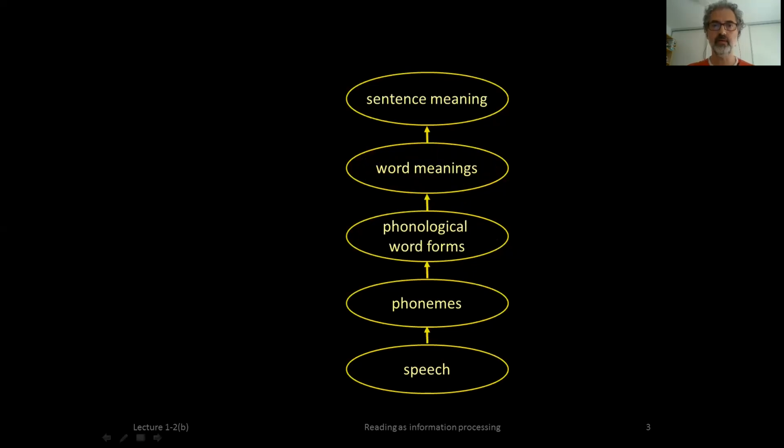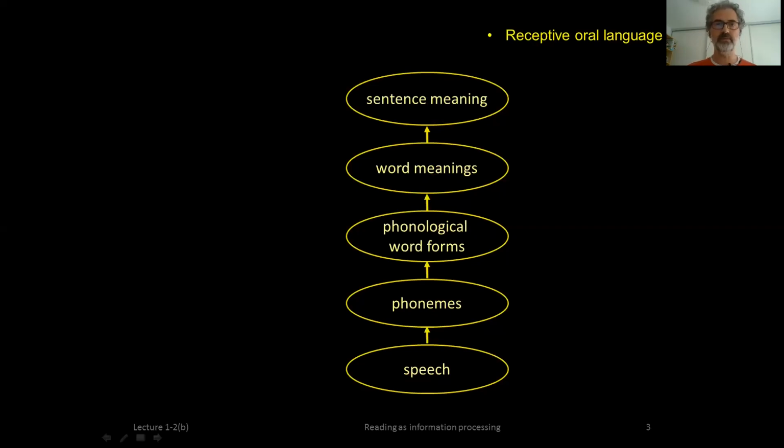And if you hear a whole bunch of words forming a grammatical sentence in your language, then you can derive the sentence meaning based on the word meanings and their syntax in this sentence. So this illustration shows a very simplified sequence of information processing steps that a mind can take to process this information to reach the meaning of a sentence that is spoken.